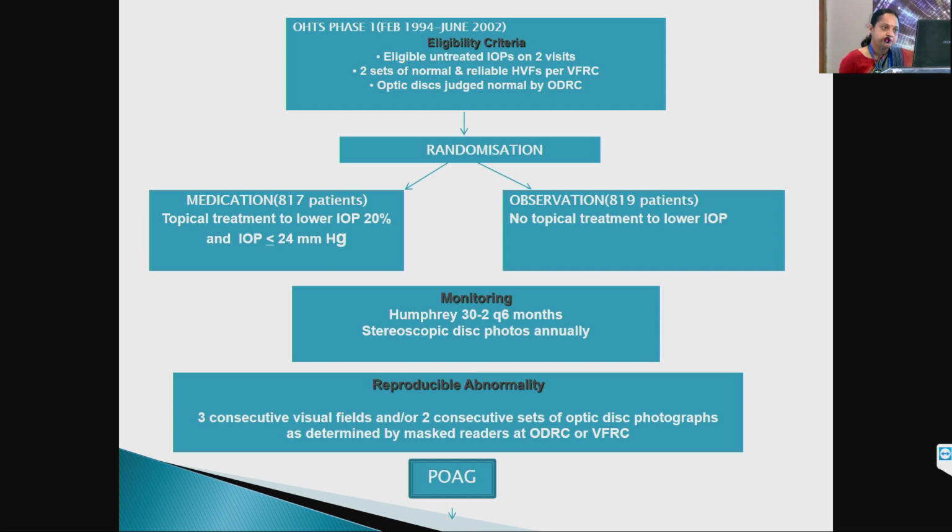In the observation group, no treatment was given, and patients were monitored with 6-monthly visual fields and annual optic disc photos. Reproducible abnormalities were noted when there were 3 consecutive visual field abnormalities and/or 2 consecutive sets of optic disc photograph abnormalities.